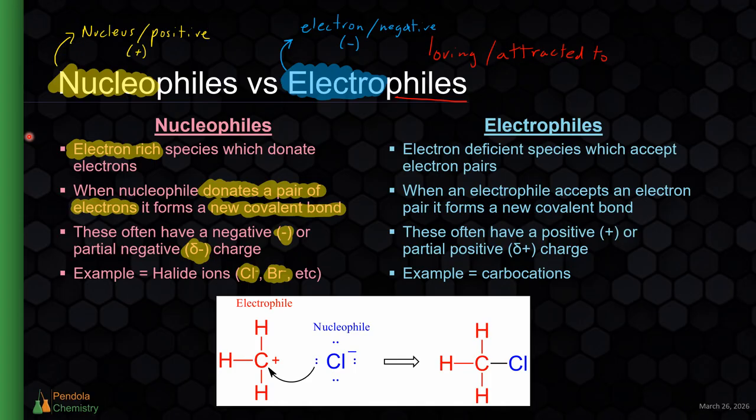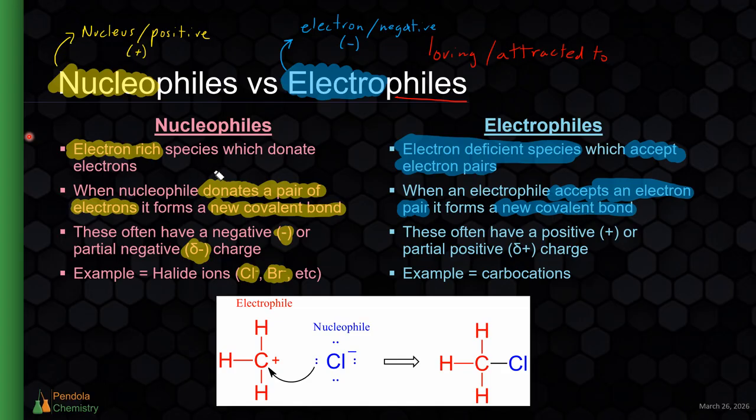On the other hand, electrophiles are going to be electron deficient species, meaning that they're missing electrons. And so they accept electron pairs. That's why they're attracted to negative charges. They're looking for electrons to accept. When an electrophile accepts an electron pair, they're going to form a new covalent bond.